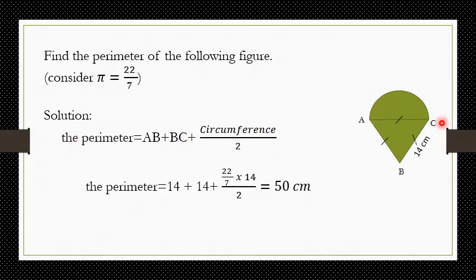ABC is an equilateral triangle, so AB equals BC. So the perimeter will be 14 plus 14 plus 22 over 7 by 14 divided by 2. So it will be 50 centimeter.